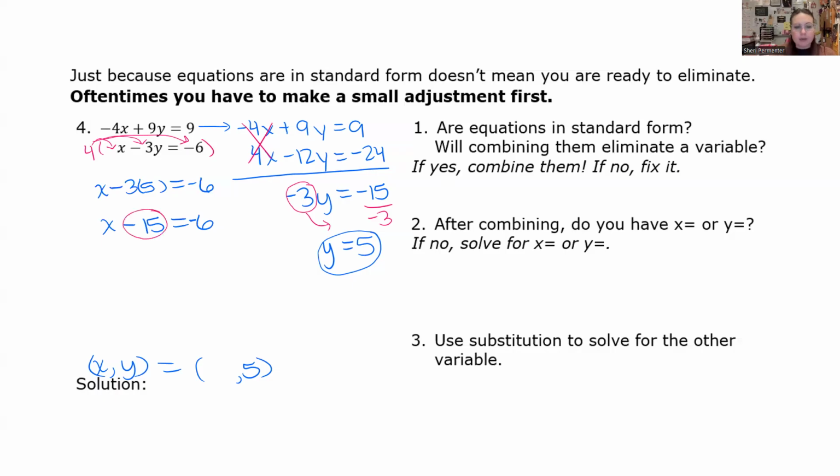Yep, I need to get rid of minus 15 by adding 15. What's 15 minus 6? 9. So I know the second part of my coordinate. The solution to a system is the point of intersection. So the point of intersection is 9, 5.